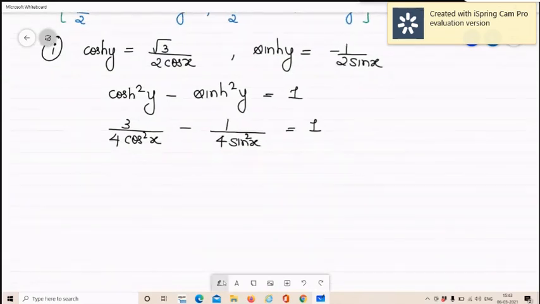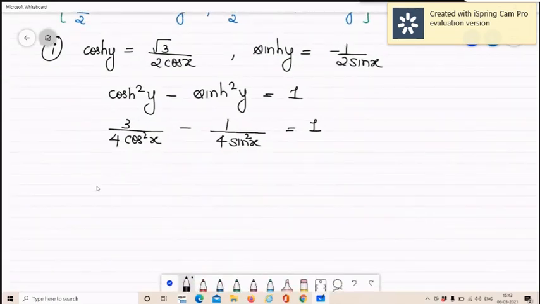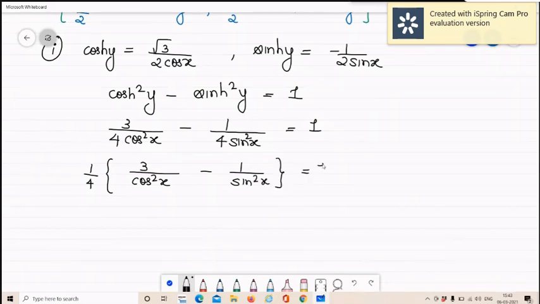Can I take the LCM? I took just that 1 by 4 outside. So that 4 goes to the other side. Here I will take the LCM.